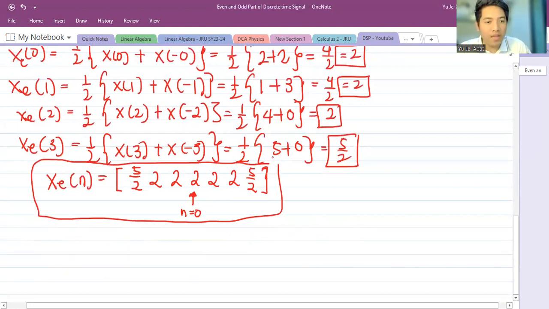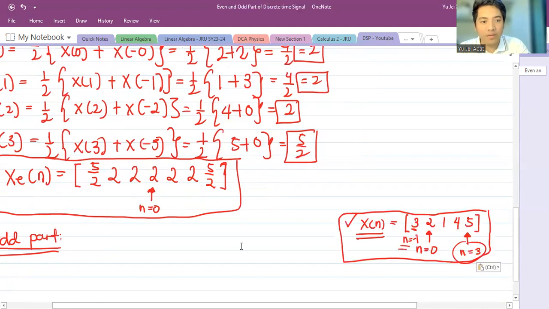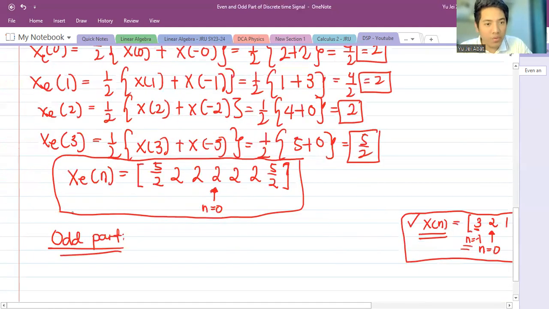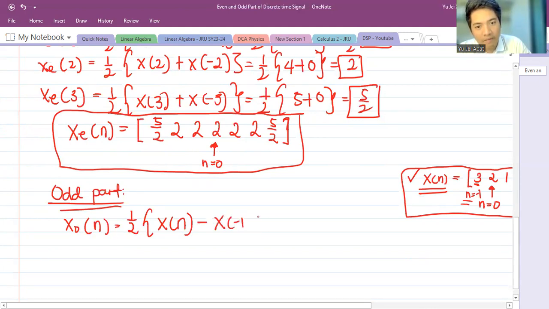Okay, how about getting the odd part? Getting the odd part is the same. If you want to get the odd part, what we are going to do is still the same, but the formula now becomes minus. So x of n minus x of negative n.